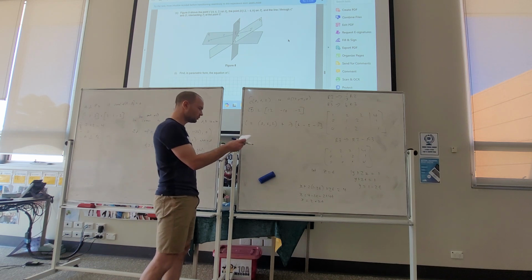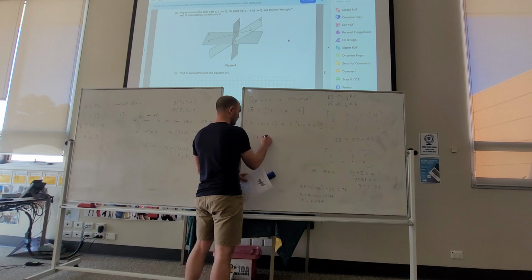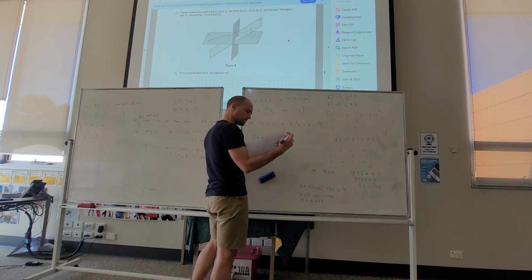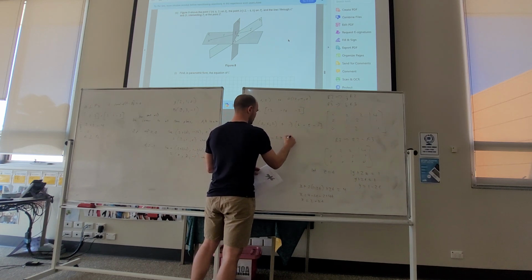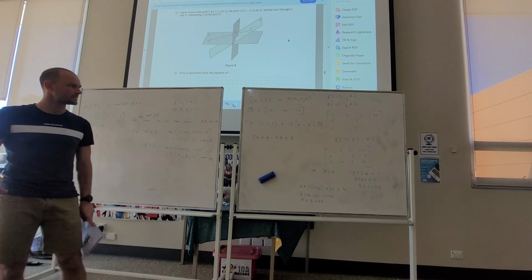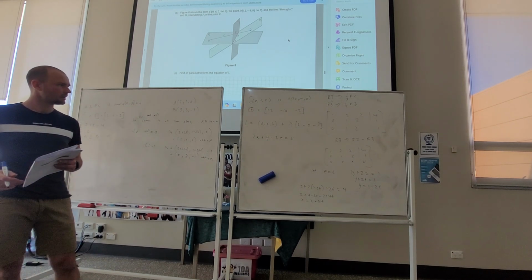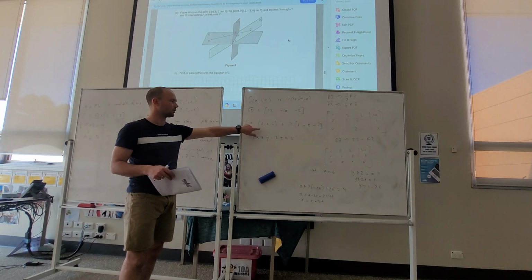So plane 2 has the equation 2x plus y take 2z equals 5. All right, that's the equation of plane 2. And we're going to sub in the coordinates here from the line.